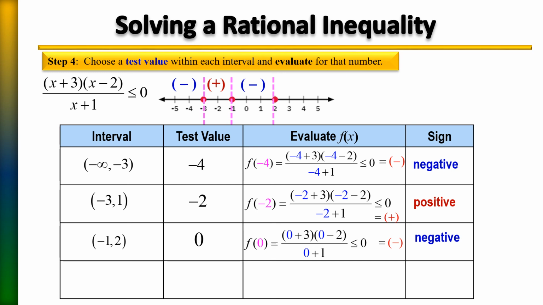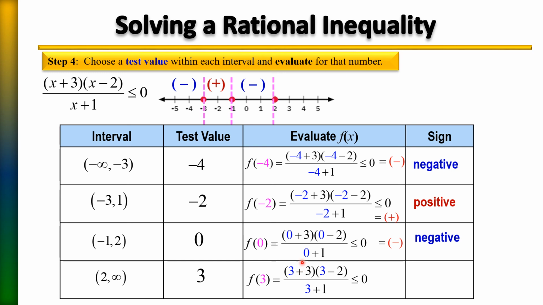Now that last region should be a positive, but as I stated before, you should go ahead and just do the math and check because you never know when you might get that exception rule. So that region is from 2 all the way to positive infinity, and let's go ahead and test 3 as our test value. So finding f of 3.